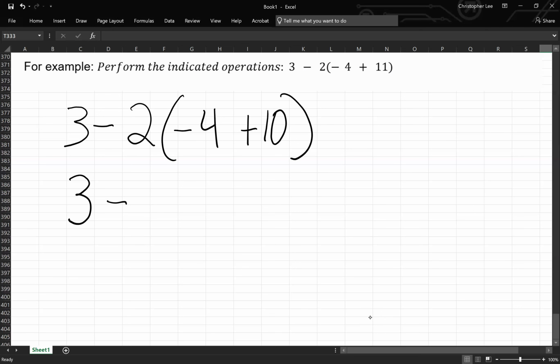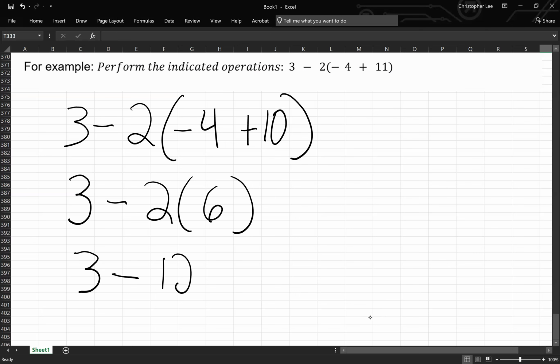So now I have 3 minus 2 times 6. What do I do next? Multiply 2 and 6. What's that? 12. Very good. This is the hard part now. What's 3 minus 12? -9. And that's it. That's how we do this.